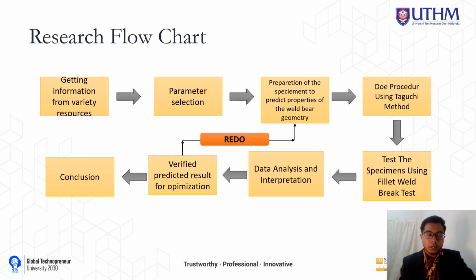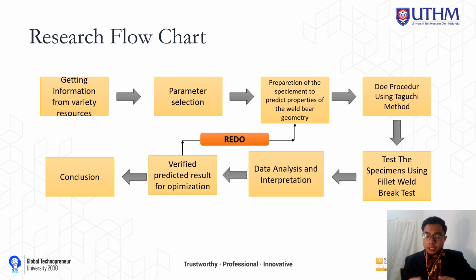Okay, next for the methodology, this is my research flowchart. The first step is getting information from a variety of resources, such as books, textbooks, or maybe previous experiments. Next is parameter selection.